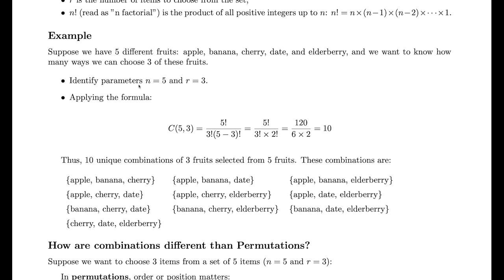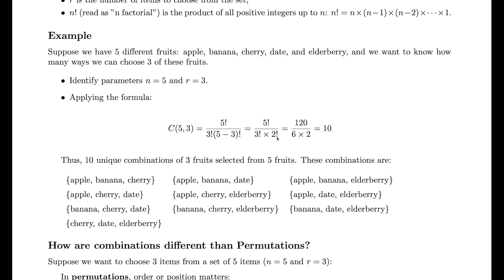We can identify these parameters: n is equal to 5, the total number of objects, and r is how many we're taking at a time, which is 3. So let's apply the formula: 5 choose 3 is equal to 5 factorial divided by 3 factorial, and also divided by 5 minus 3 factorial.